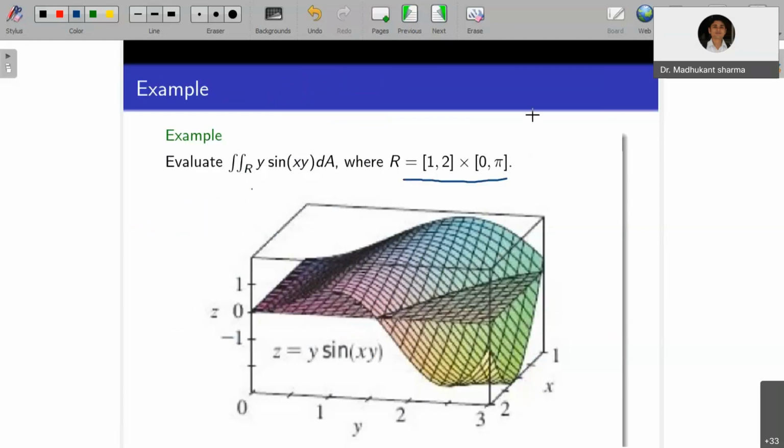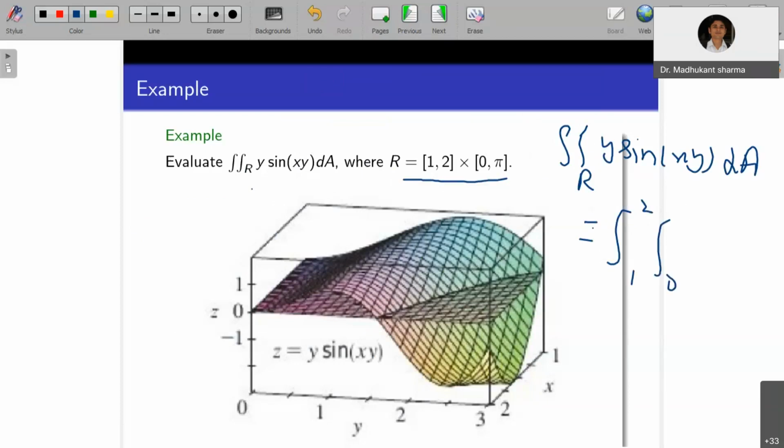Fubini's theorem tells you this double integral can be evaluated in any order: integration 1 to 2, integration 0 to pi, of y times sine of x y, dx then dy. Here you can choose any way. I prefer to integrate first with respect to x, then y, because if I first integrate with respect to y, then you have y times sine of x y, and both are functions of y.